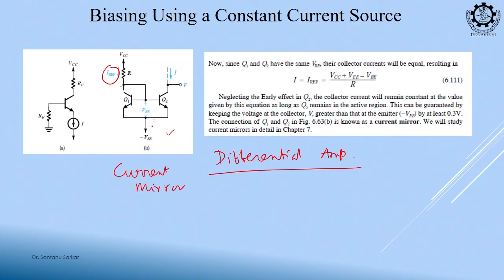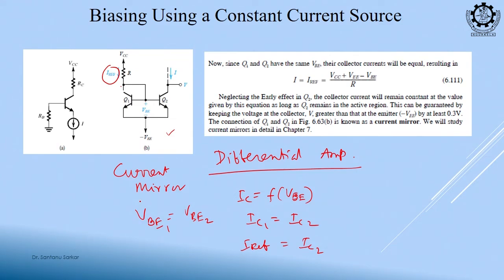So, their base emitter potential is the same, right? VBE1 is equal to VBE2 and collector current IC is a function of VBE. So, if their base emitter voltages are the same, I can tell IC1 is equal to IC2. In IC1 what current is flowing? IREF. So, IC2 will also be the same.